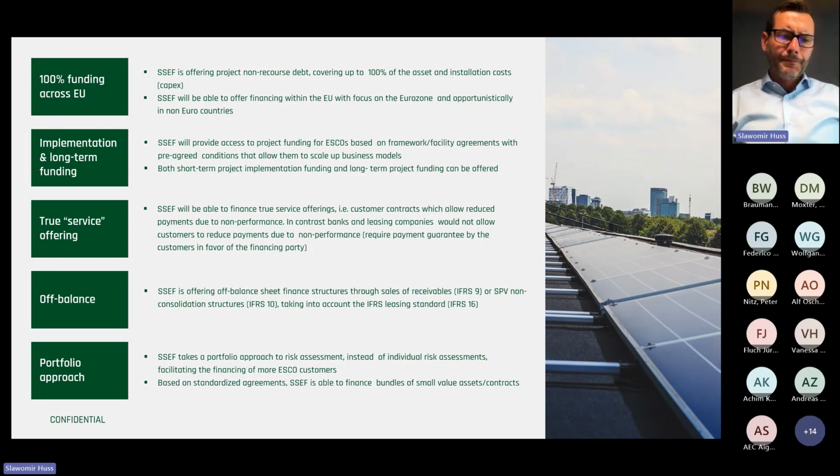The key one is we look at the capex cost as being the significant cash outflow for both the end client and for the ESCO. So we've developed a structure where we finance nearly 100% or up to 100% of the investment. If you remember what I said at the beginning about the ease of investment, that is also one of the criteria.